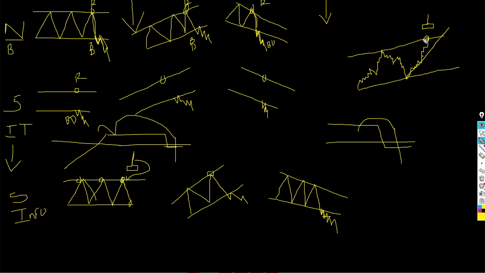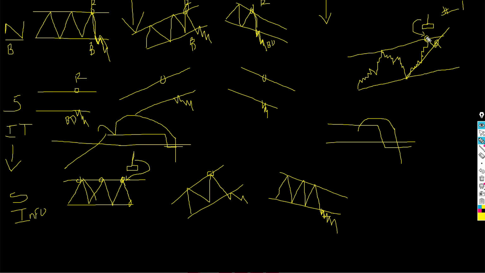Rather than deploying the put debit spread right away, let's say this breaks the trend line. Then if it retraces and comes down, I'll deploy the put debit spread here, because I'll take the double confirmation. First I'll see whether this candle is getting built at this resistance line, confirmation number 1.